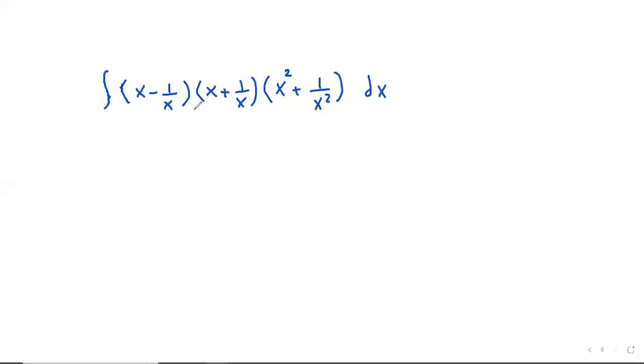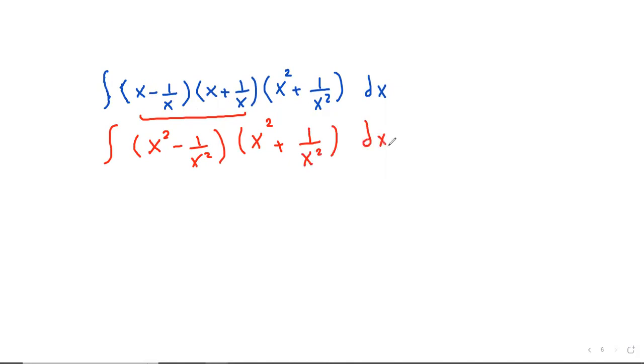As we know, we need to simplify for integration. So I have here x minus 1 over x multiplied by x plus 1 over x. We can tie it up and multiply them. It's a difference between two squares, so x squared minus 1 over x squared, multiplied by x squared plus 1 over x squared dx.